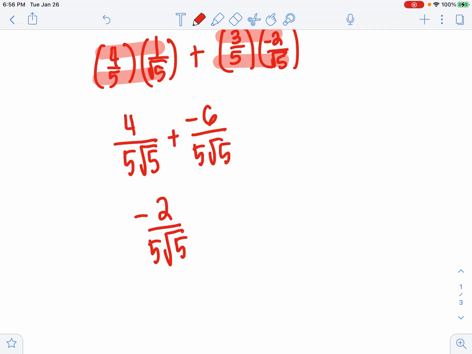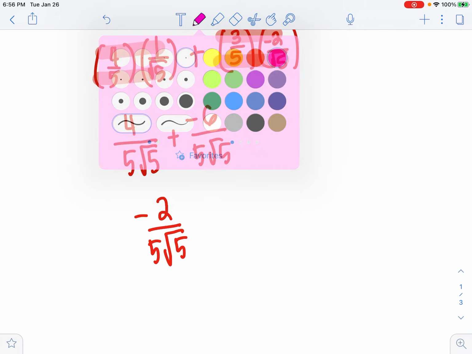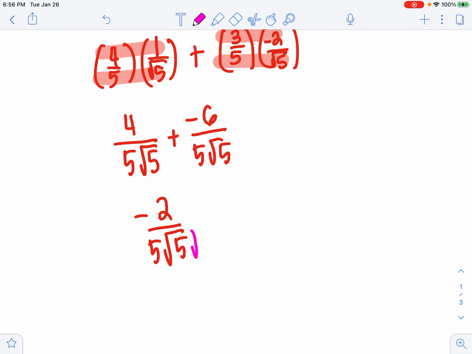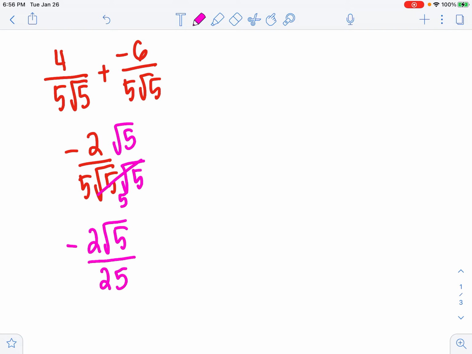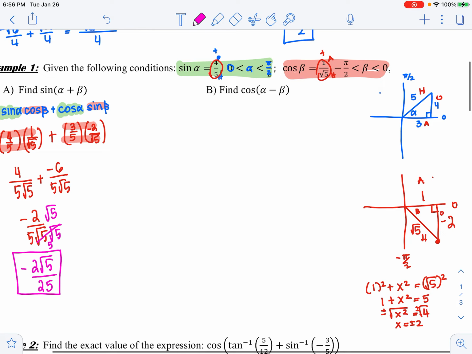But we also have a radical in our denominator, and we can't leave radicals in our denominator. So we rationalize by multiplying both the numerator and the denominator by root 5. You don't need to do 5 root 5 because there's nothing wrong with a 5. So now I have negative 2 root 5 over root 5 times root 5, which is 5. 5 times 5 is 25. There you go.